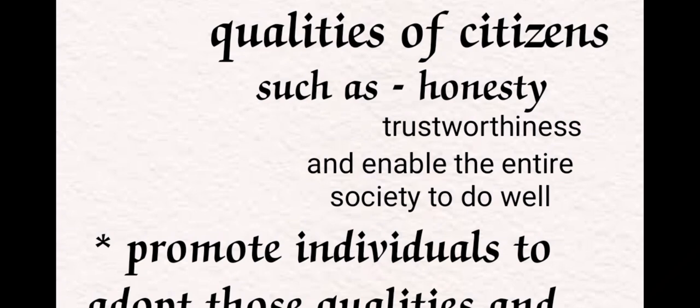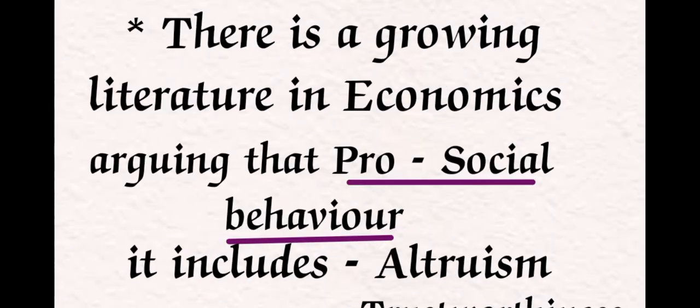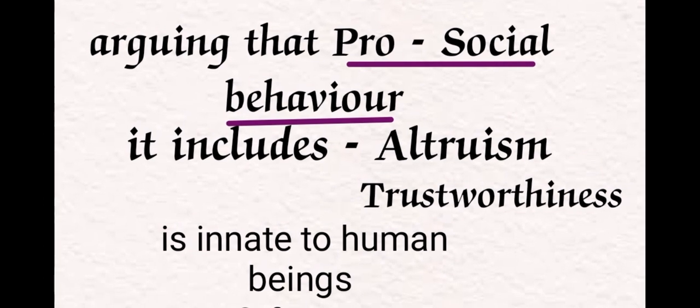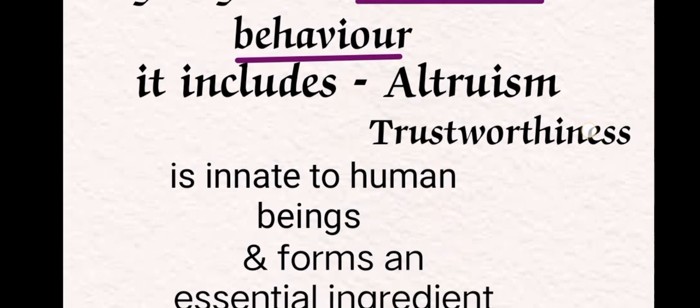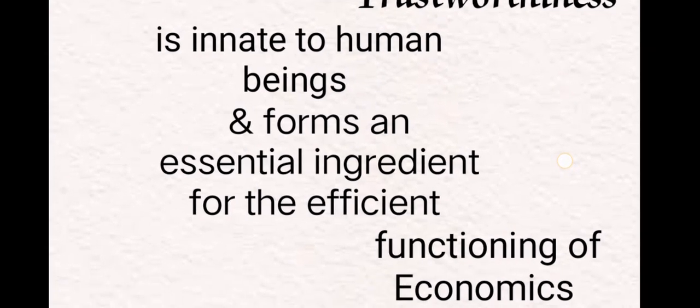So there is a growing literature in economics, meaning written work on economics, arguing that pro-social behavior, which maintains altruism and trustworthiness, is innate to human beings, and moreover can form an essential ingredient for the efficient working of the economy.